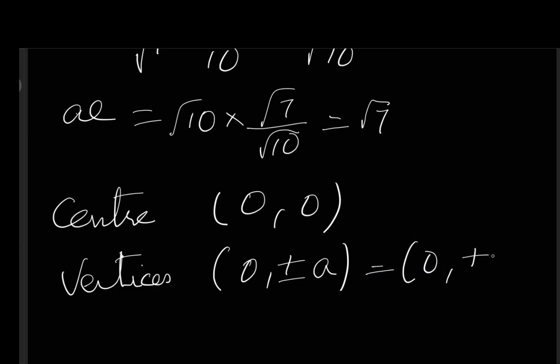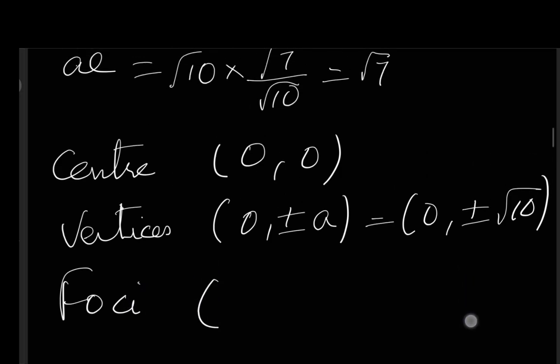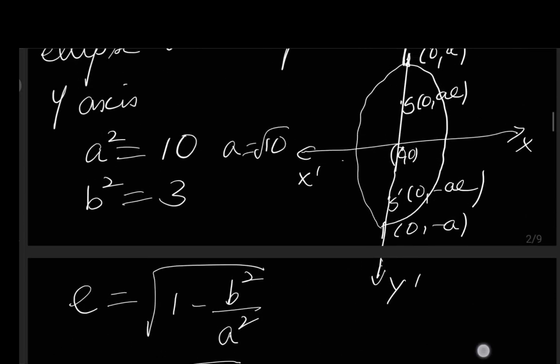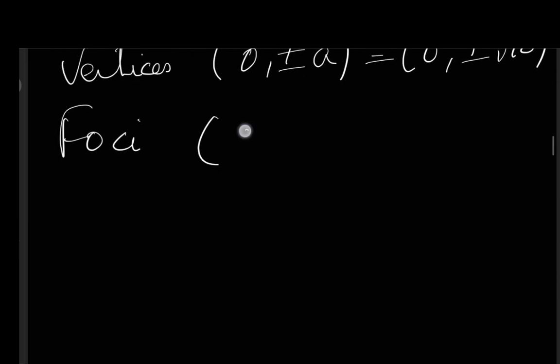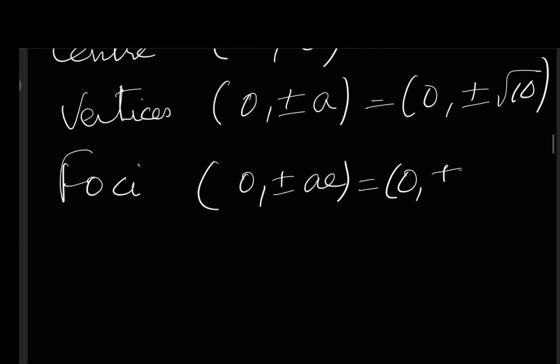Root 10. Plus or minus root 10. And foci is again on the major axis, the y-axis: 0, plus or minus AE. That is 0, and just now we found AE: plus or minus root 7.